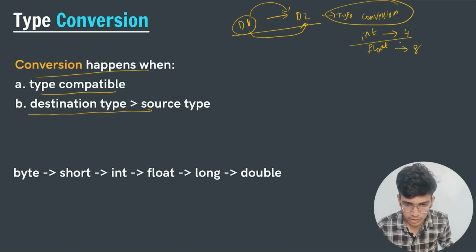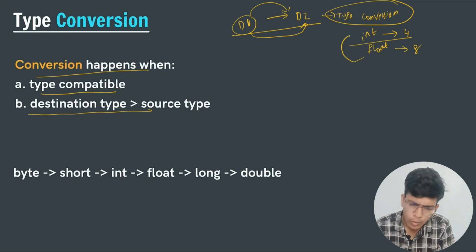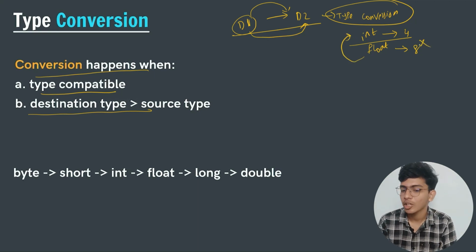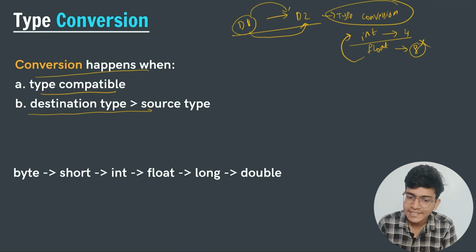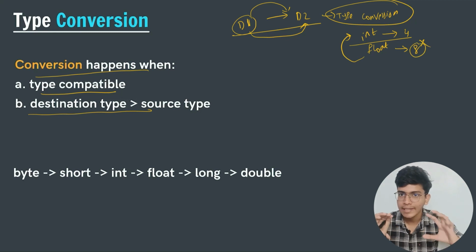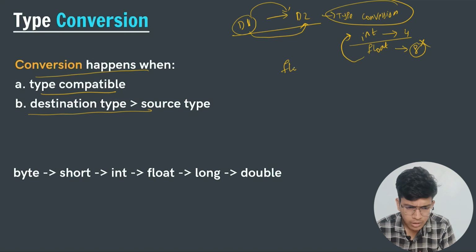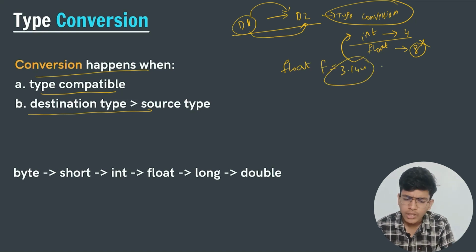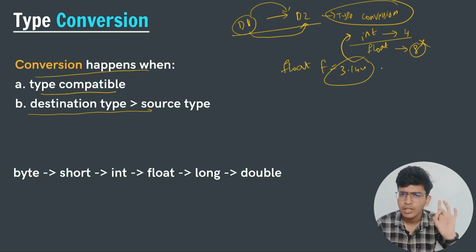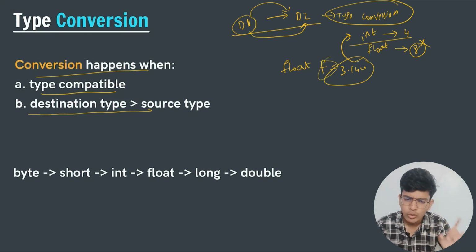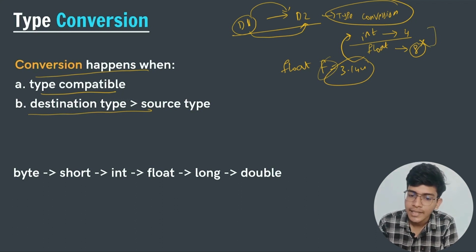If I want to convert float into integer, it is not possible because float has 8 bytes of storage. Suppose I write float f is equals to 3.144. The size of this variable will be 8. So when I convert this into integer, the data will get lost because the size is not compatible.